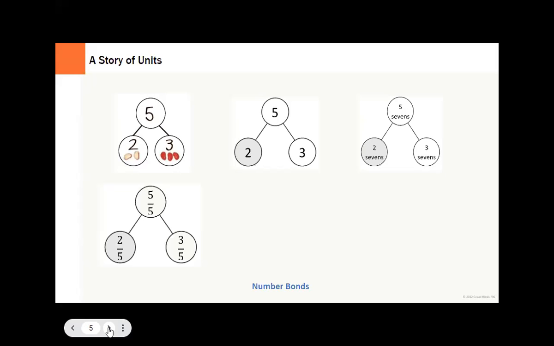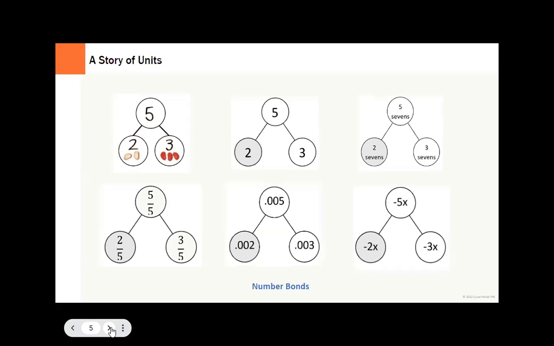And then in the next one, it's if they have 5 7s, where you may have seen, like you grew up learning math, 5 times 7 equals 35. At the younger ages, this helps the students understand if they have 2 7s and 3 7s, that would equal 5 7s. And then it continues on through representations of fractions, decimals, and even integers.